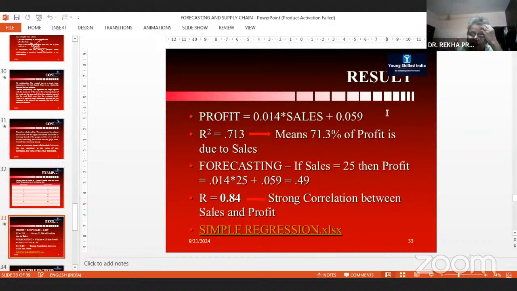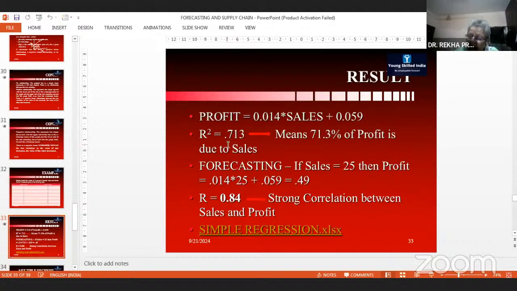So R square is the coefficient of determination. Profit is about 70%. What is 0.713? This is 71.3%, isn't it? About 71% of profit depends upon sales. This is the formula telling you.